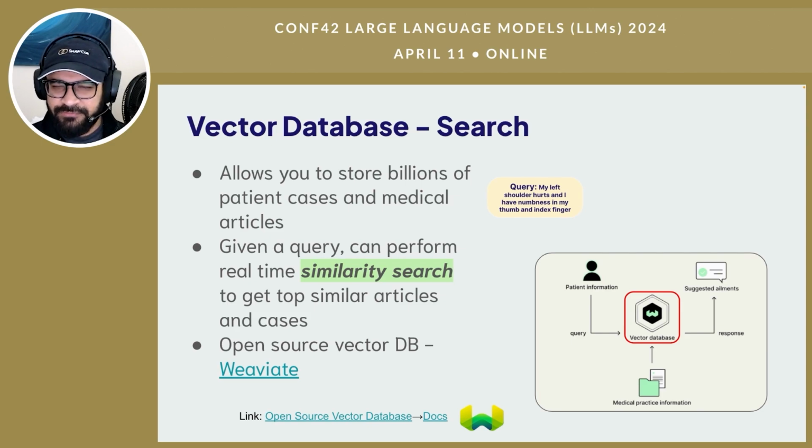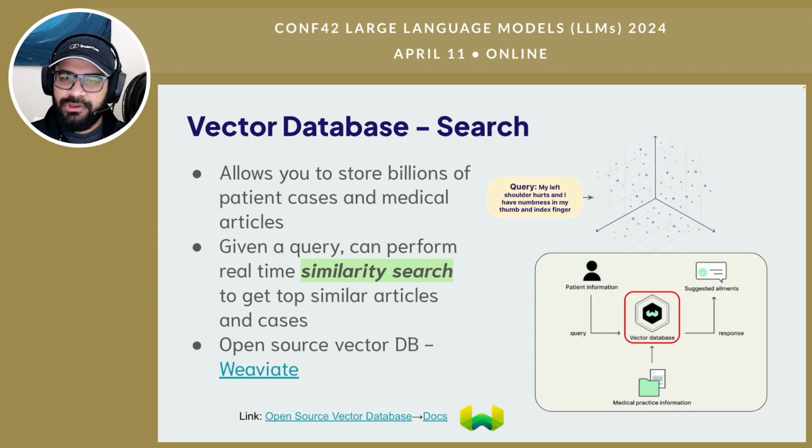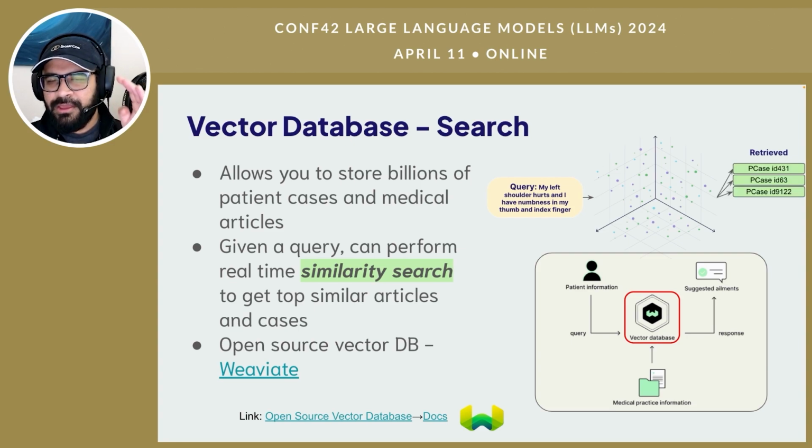The usage of the vector database looks something like this in practice. Let's say a patient comes to you and tells you that their left shoulder hurts and they have numbness in their thumb and index finger. You're going to take that query and pass it into the vector database, and we'll talk about how this works in a second. The vector database is going to retrieve for you the top 3 other patient cases that it has in its knowledge base.